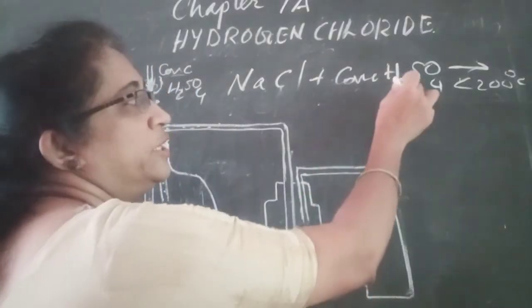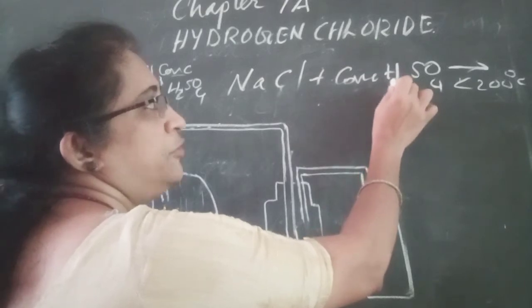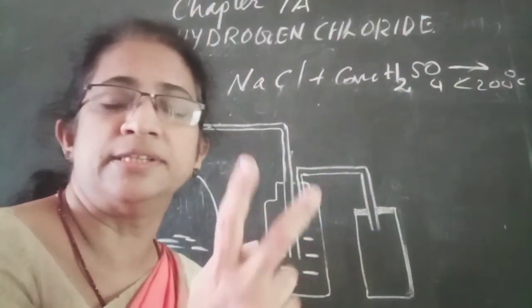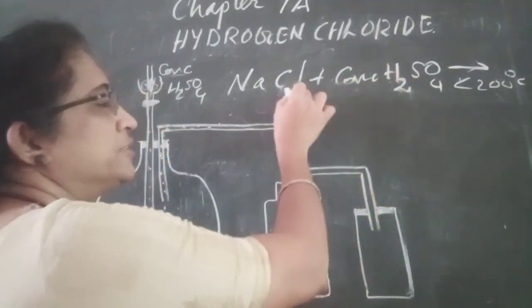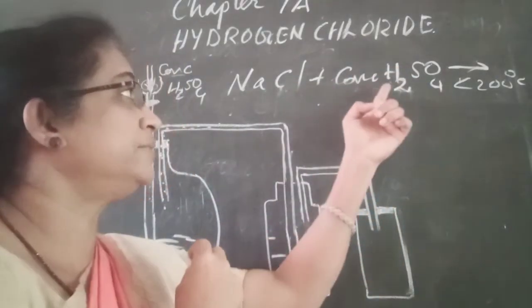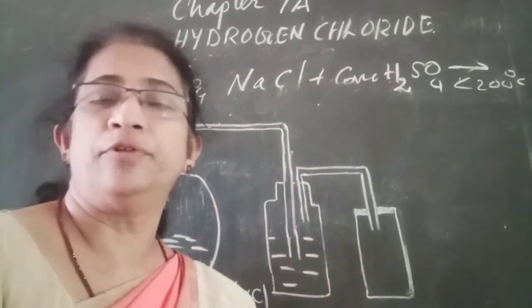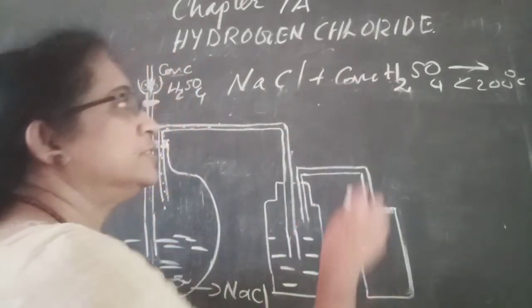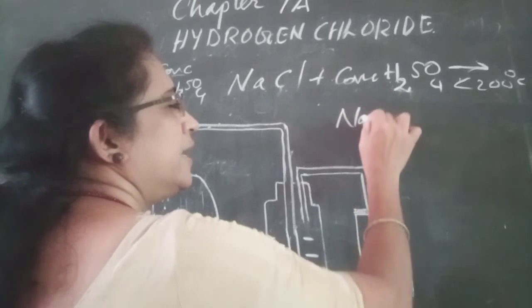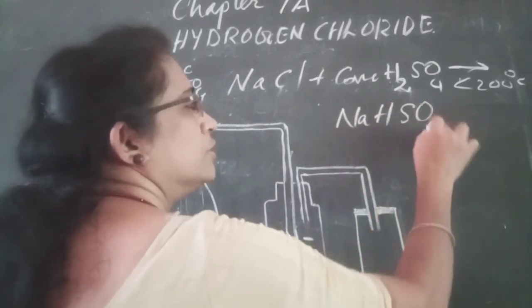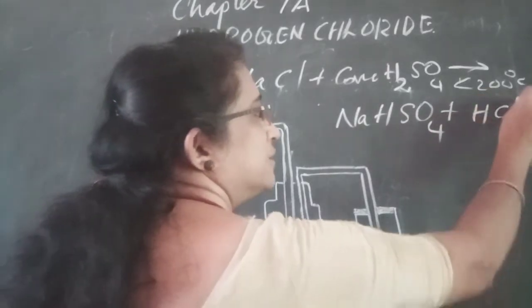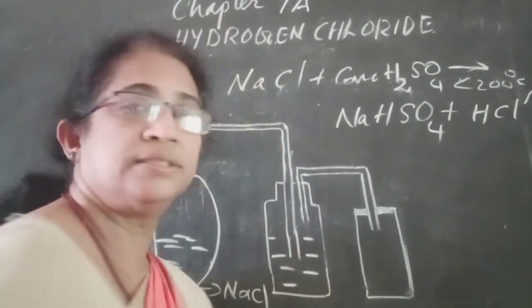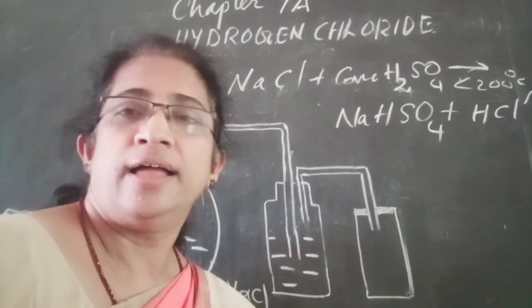During the reaction, the sulfuric acid has 2 hydrogen atoms, and below 200 degrees Celsius only one hydrogen is replaced. The hydrogen atom reacts with the chlorine to form hydrogen chloride, and the salt formed is NaHSO4, sodium bisulfate or sodium hydrogen sulfate, plus which gas is evolved? HCl.